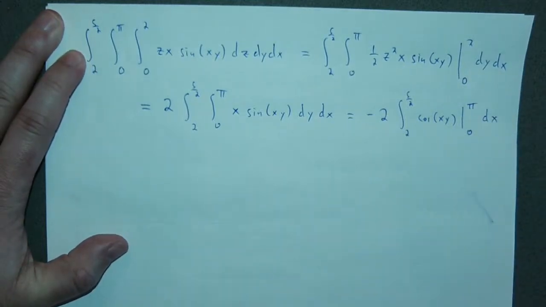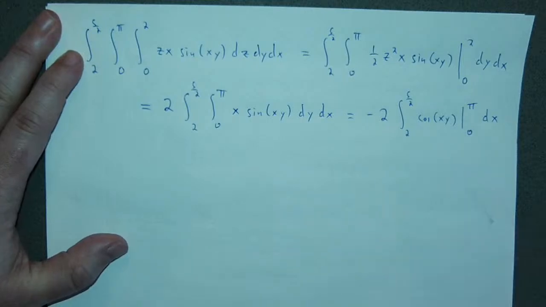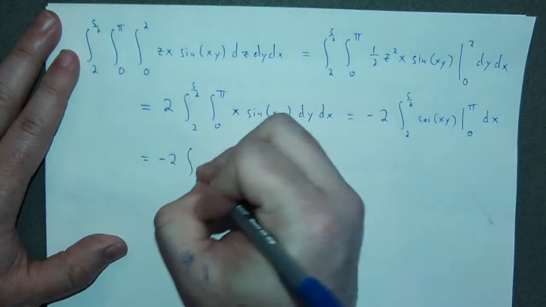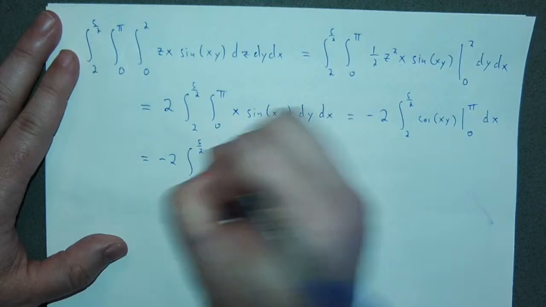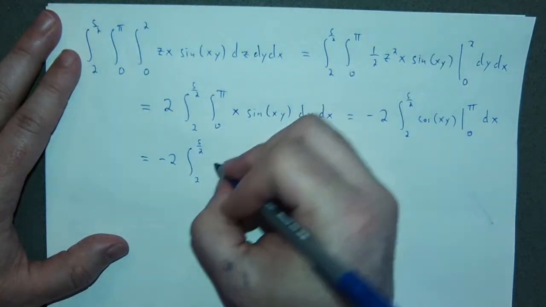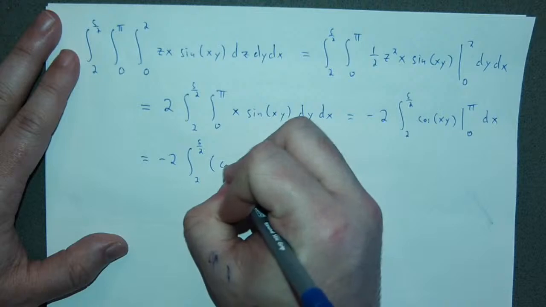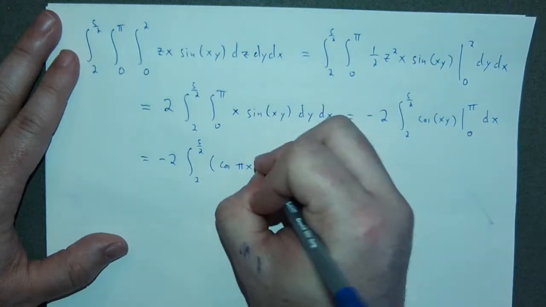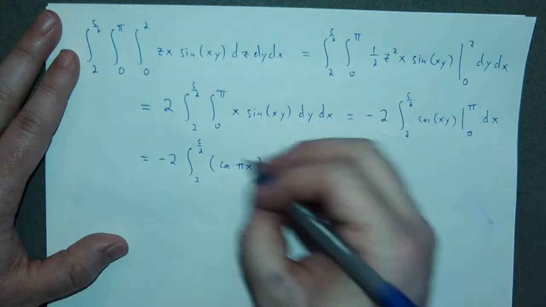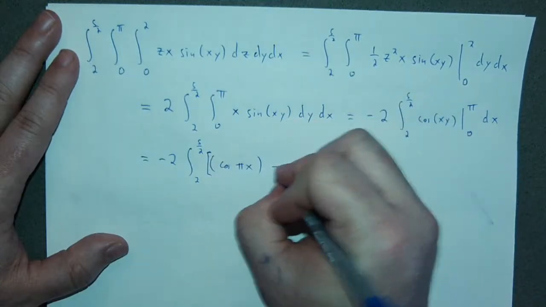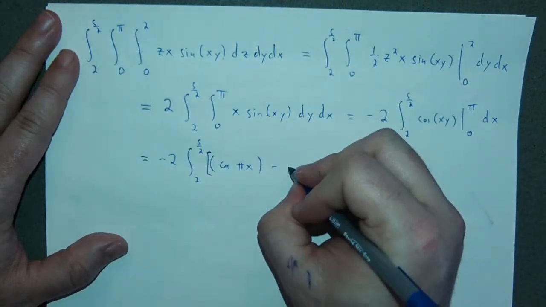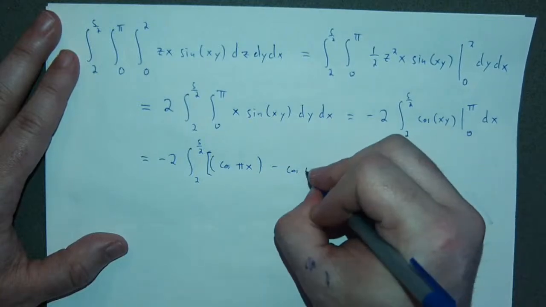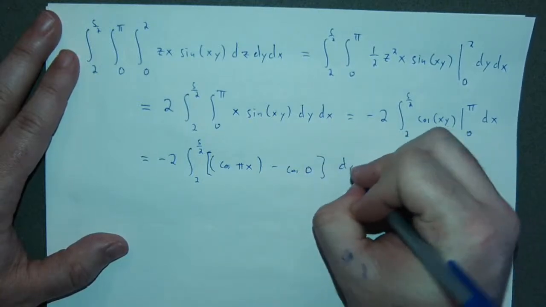And so what do I get here? I get minus 2 times the integral from 2 to 5/2 of cosine of pi x minus cosine of 0 times x, so 0 here, dx.